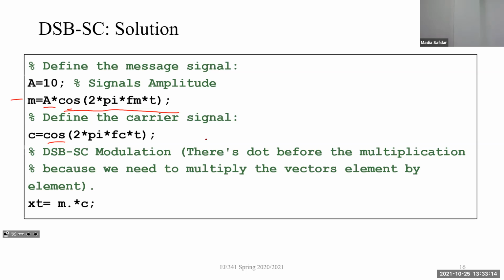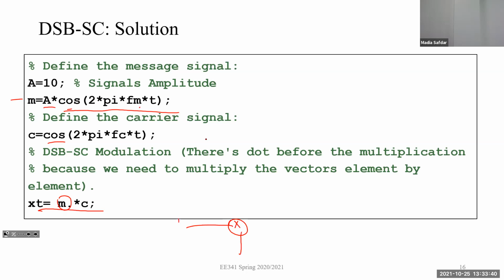Then, if there is no amplitude for the carrier, how much is the amplitude? 1. So, cosine of 2 pi fc. Here you will write the frequency of the message signal. Here you will write the frequency of the carrier signal. And then, what is this? This is message signal M multiplied with C. You remember this one?